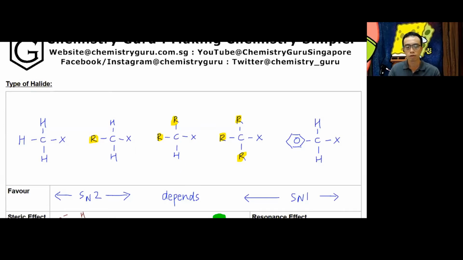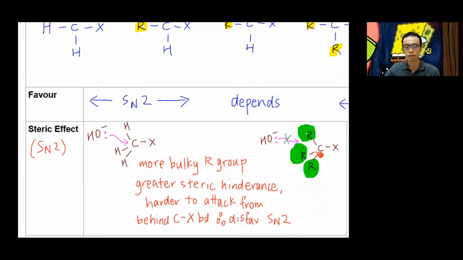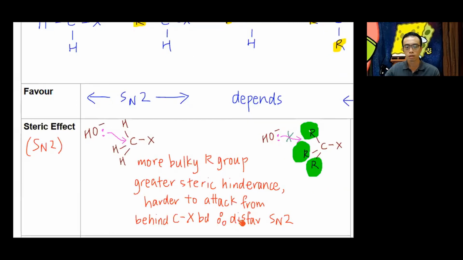The first one is my steric effect. Maybe let me focus on this portion here so that we will not be distracted by the resonance effect. You notice the steric effect is linked to the number of bulky R groups attached to my reactive carbon. The idea is pretty simple.